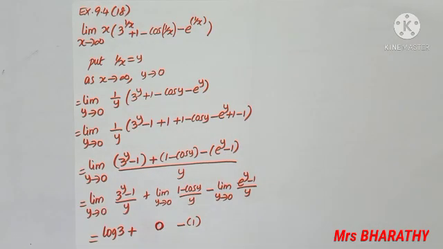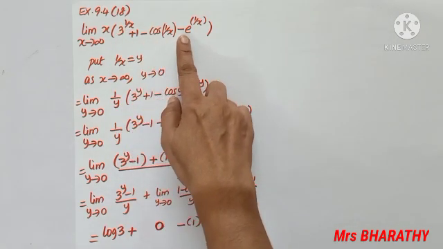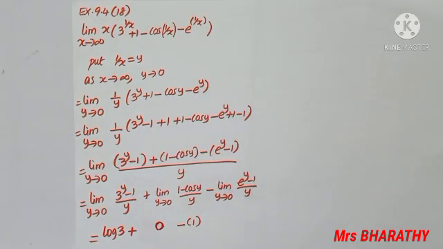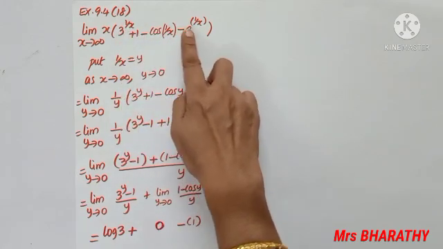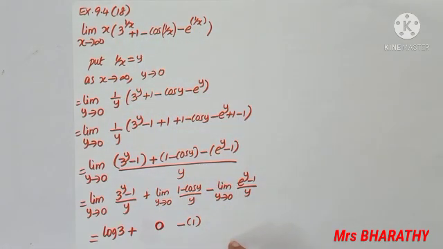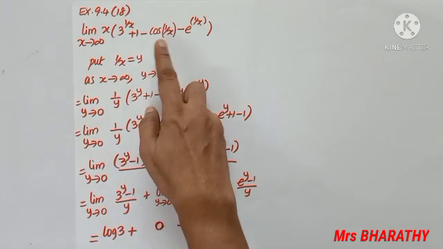Question number 18. Limit x tends to infinity, x into 3 power 1 by x plus 1 minus cos 1 by x minus e power 1 by x. As I look at the problem, 3 terms are having 1 by x. Let us put 1 by x as y to apply easily.